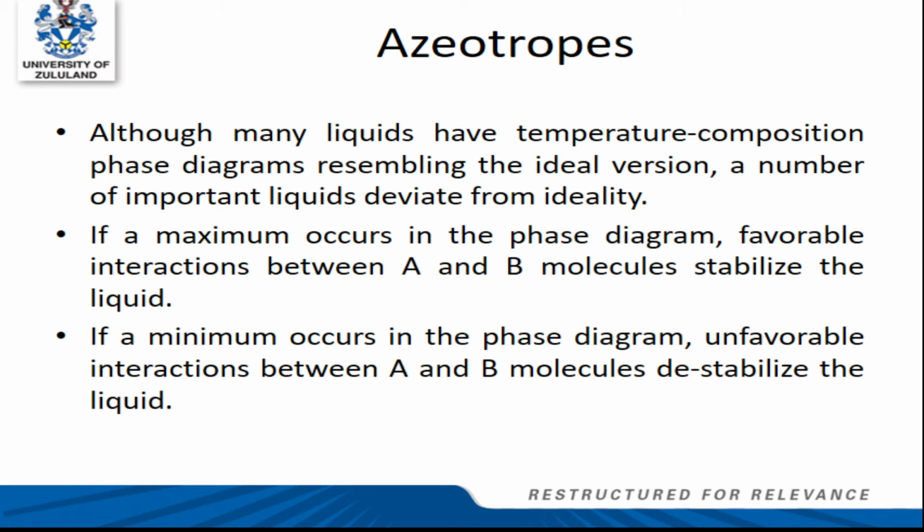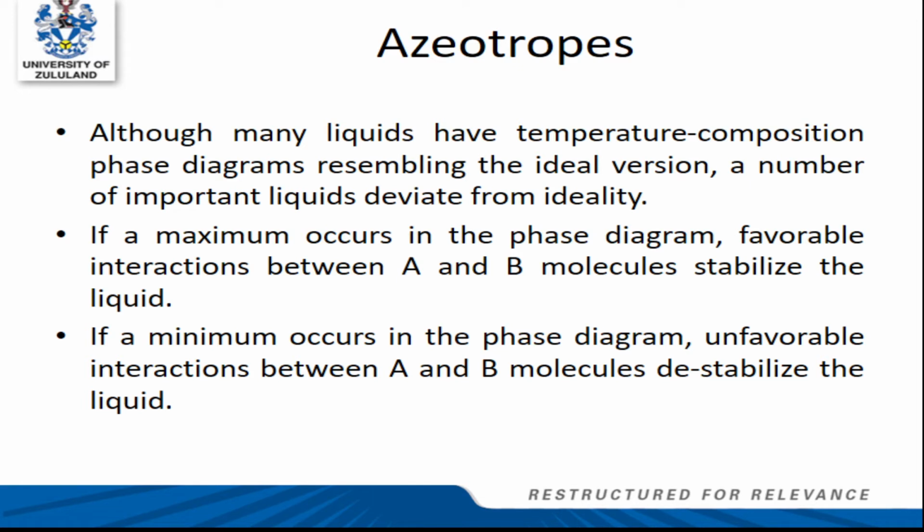If a maximum occurs in the phase diagram, favorable interactions between liquid A and liquid B molecules will stabilize the liquids. In the next slide, I'll show what I mean by this particular statement. If a minimum occurs in the phase diagram, unfavorable interactions between A and B molecules will destabilize the liquids.